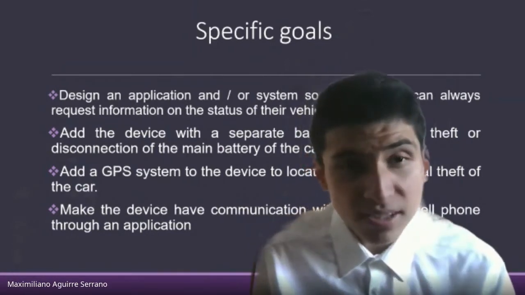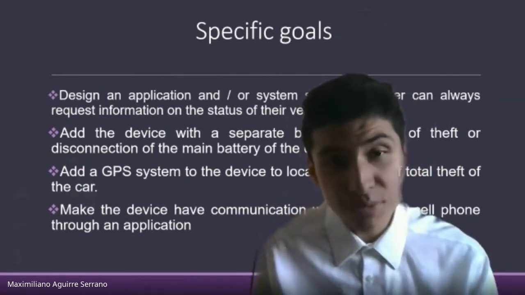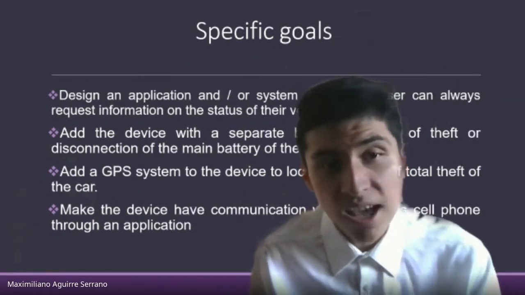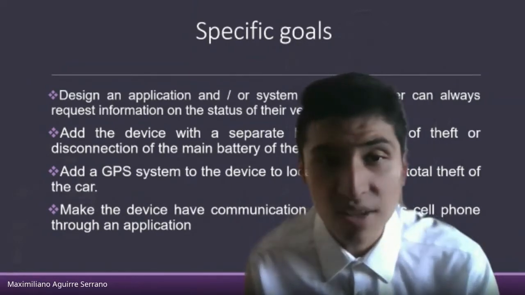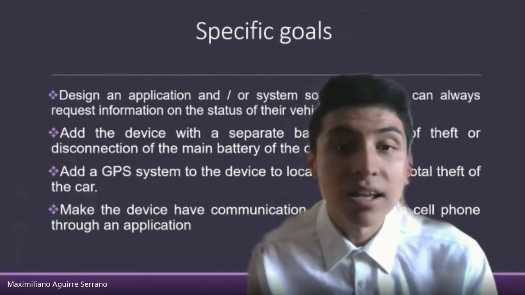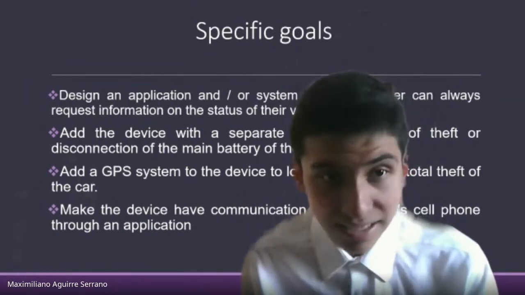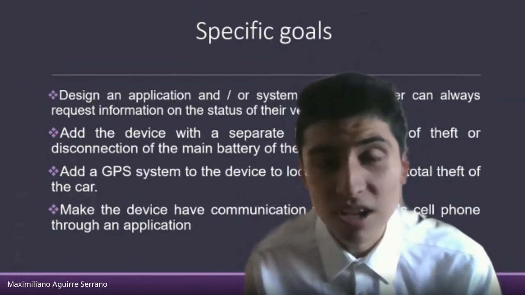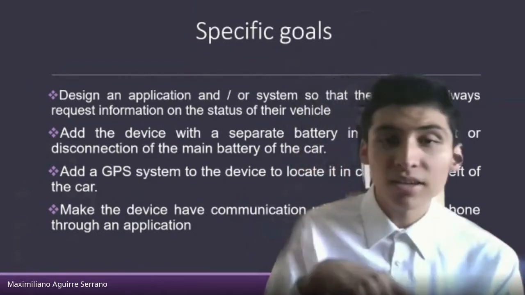This means that every time the system detects defects in the car and the signal is activated, a notification will be sent to the user's cell phone.